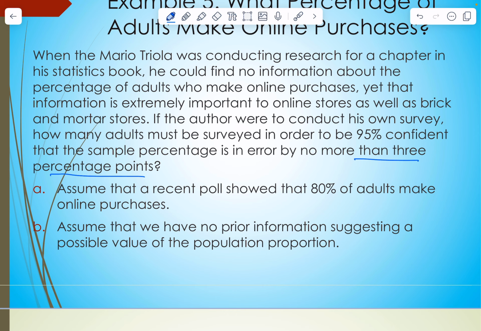All right, so we want to determine the sample size. n equals z alpha over 2 squared times p hat q hat over E squared. Now, a 95% confidence level gives us our alpha: alpha equals 0.05.